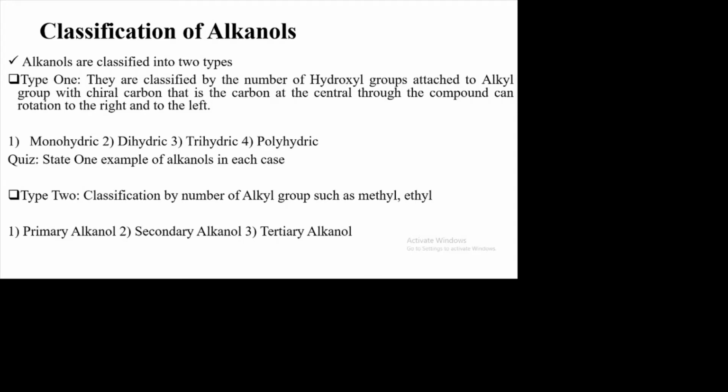When you have two hydroxyl groups attached to alkyl group, we call such alkanols dihydric. When you have three OH, we call such alkanols trihydric. When you have more than three, it becomes polyhydric alkanols.